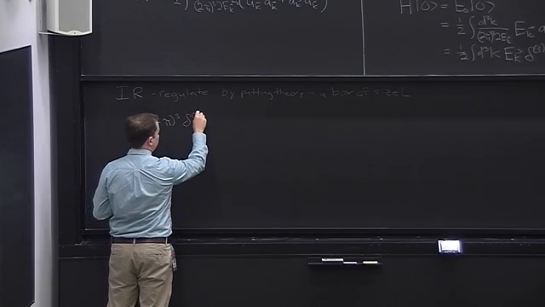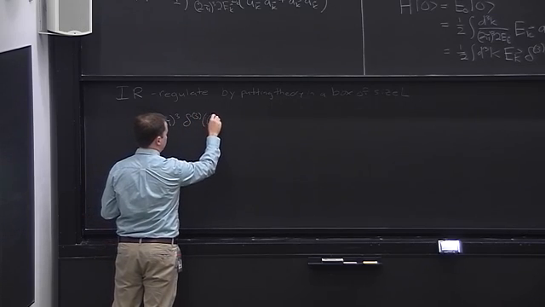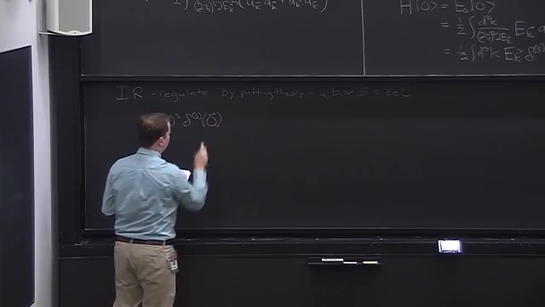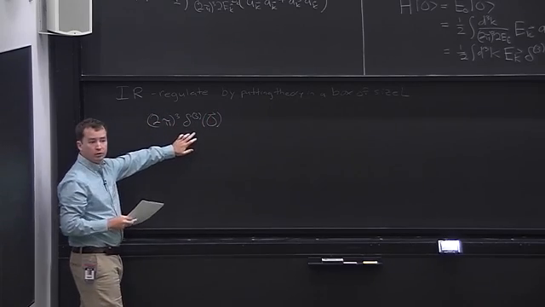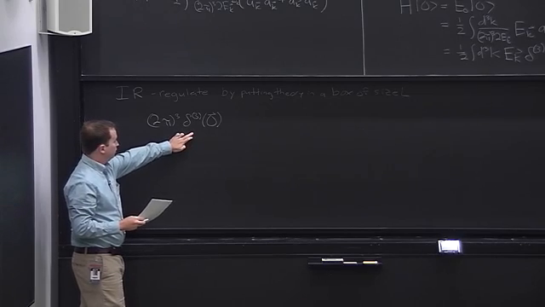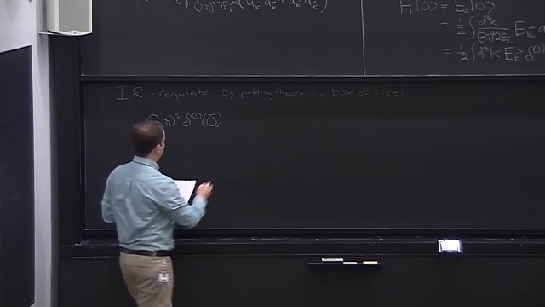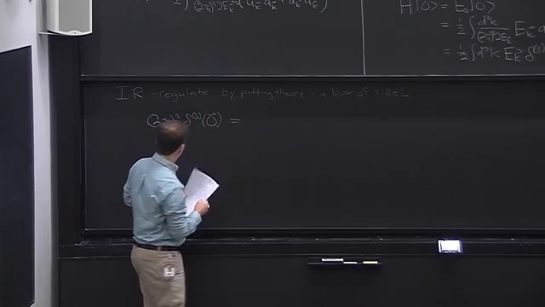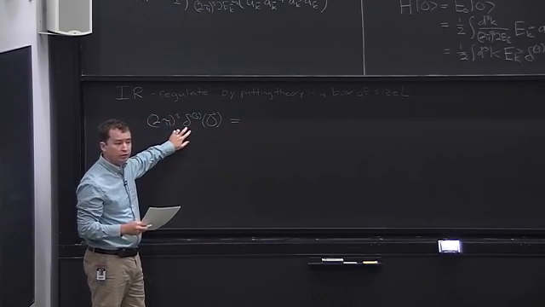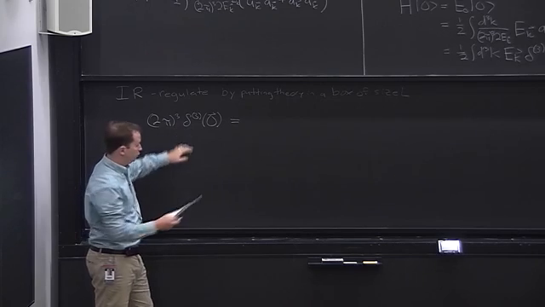If we're in a box, we can understand the origin of this delta of 0 as follows. The delta you can think of as the Fourier transform of 1.